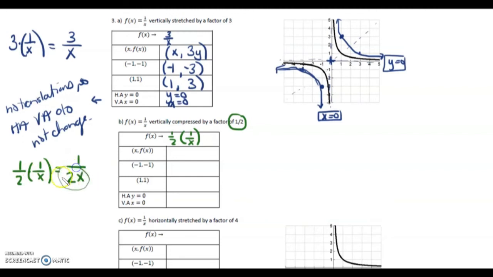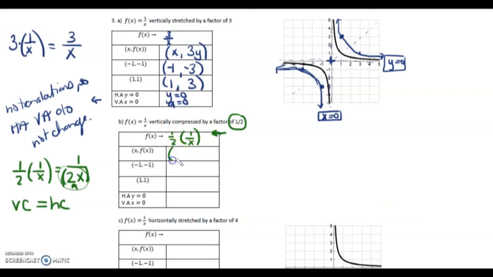Well, what transformation is around the x? So in this case, for 1 over x, a vertical compression is equivalent to, well, what's going on here? That's a horizontal compression. They're actually equivalent, because this would be a horizontal compression by 1/2. But we're going to leave it as vertical. I'm going to leave it so that the equation looks like this.